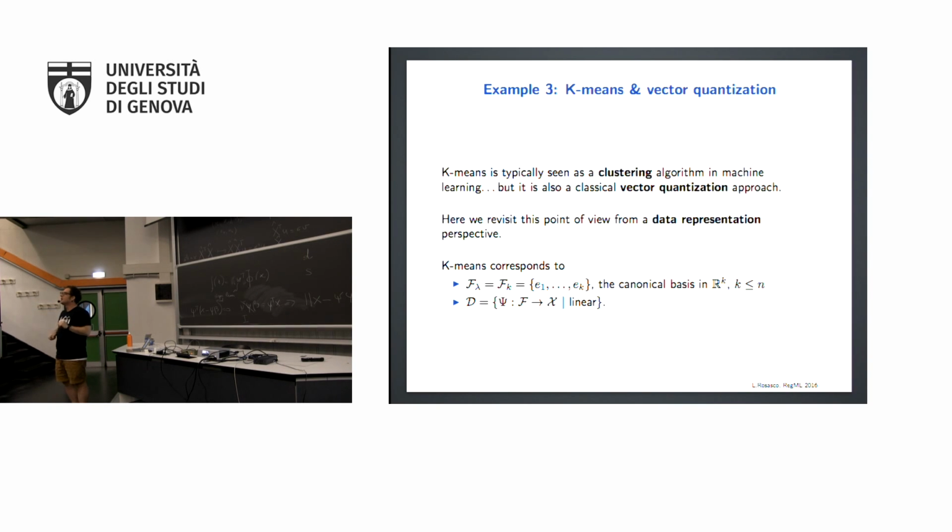Here, we assume that you have exactly k coefficients, and these k coefficients are the elements of the orthonormal basis in R^k. In other words, the first coefficient is 1, 0, 0, 0, the second coefficient is 0, 1, 0, 0, and so on. So each vector of coefficients is extremely sparse: it has at most one entry different from 0.